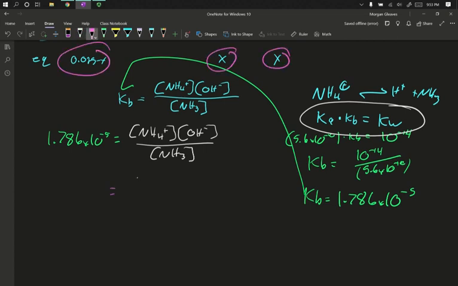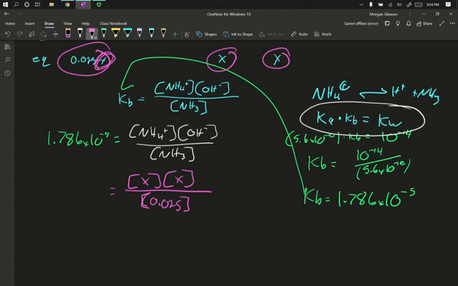Well, that's going to be x molar ammonium. That's going to be x molar hydroxide. And we can probably assume x is pretty tiny for our ammonia. Let's make that assumption in this case, in which case 0.025 is going to be the concentration for our ammonia.